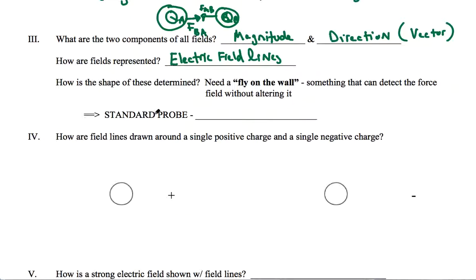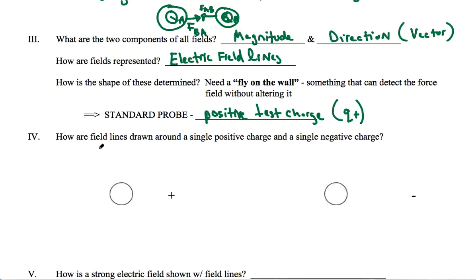So we think of a probe that is a positive test charge. And this is going to be our basis. I'm going to use the symbol Q sub t for test charge. When you're drawing electric field lines, think of which way a positive charge would move.